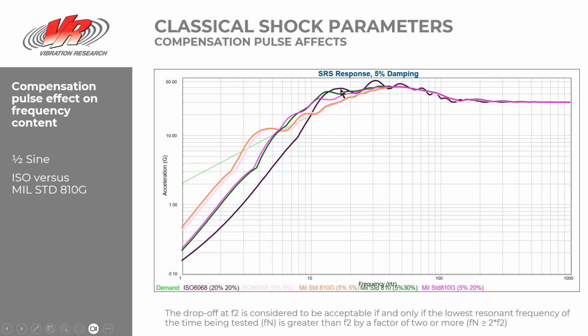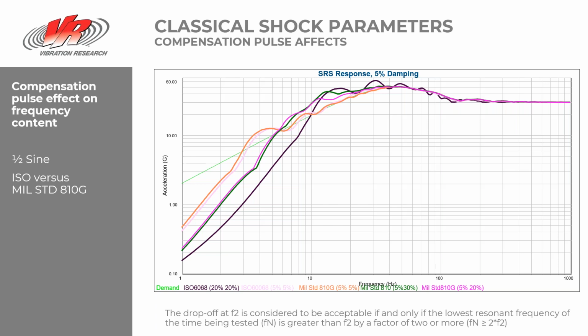So if your product was to respond in areas where you have these peaks, you could be massively over testing your test item if it responds where you've got these high amplitude increases because of your compensation pulse. So for anybody doing shock testing on shakers, always look at your shock response spectrum and ensure that the natural frequency of your product isn't in any of these areas where you're over testing or under testing because of your compensation pulses.